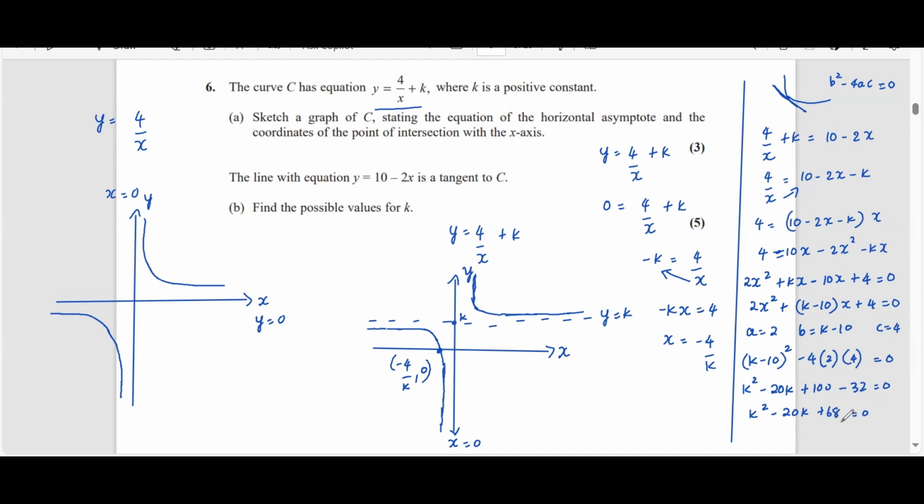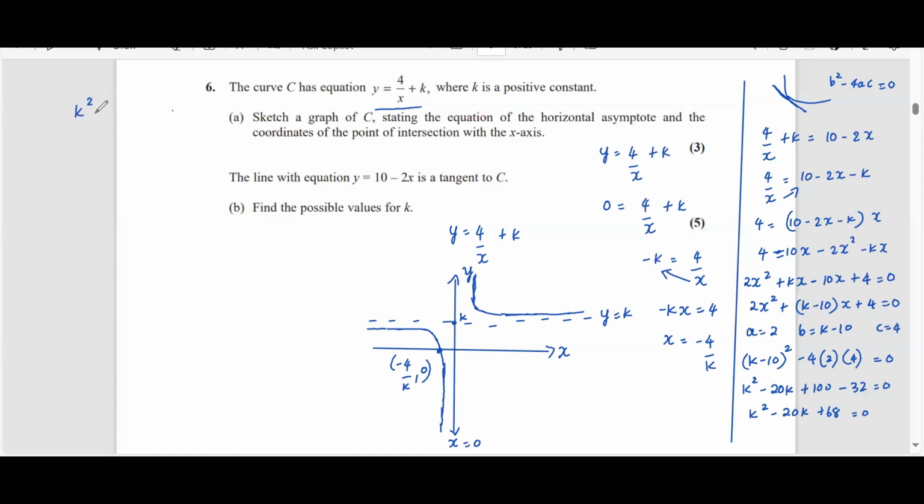Two numbers that multiply to give 68 and add to give minus 20. I don't think that we'll be getting any answer for this by using the factorization method. So what we need to do is go for the completing the square method. I'll erase this so you get some space. So k square minus 20k plus 68 equals 0.